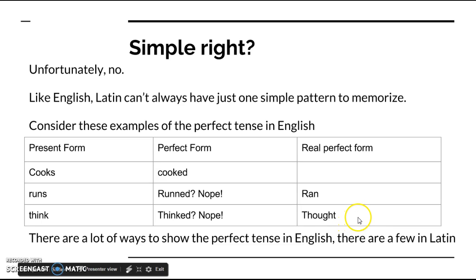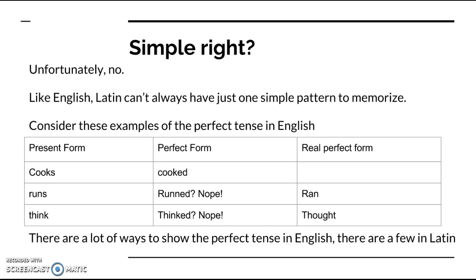There are tons of different ways that we show in English that something is in the perfect tense. We don't really think about it because most of us have been taught this way since we were a kid. We didn't have an English class to tell us that. We just understood it. Unfortunately, we're past the point of just understanding things. Our brains don't work that way anymore. So we now have to think about it.